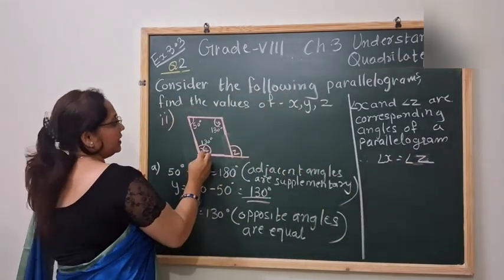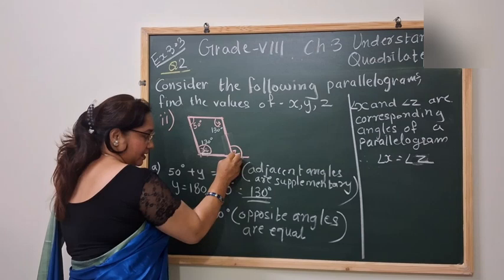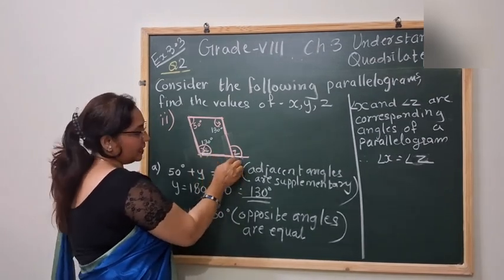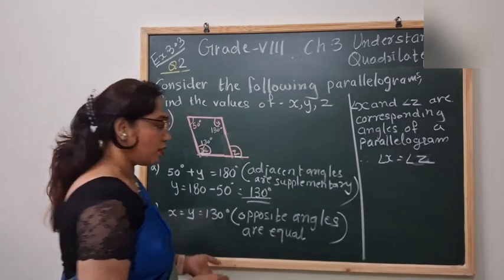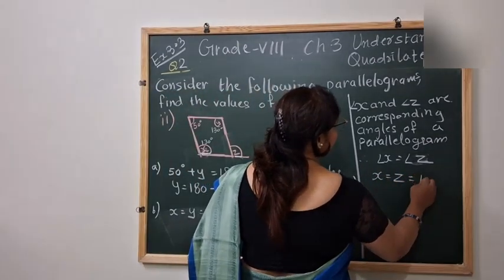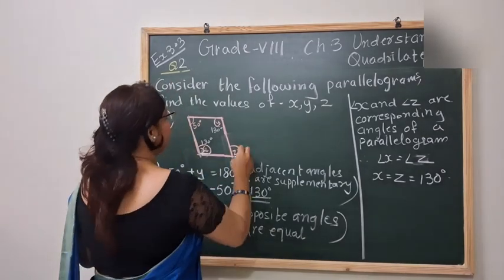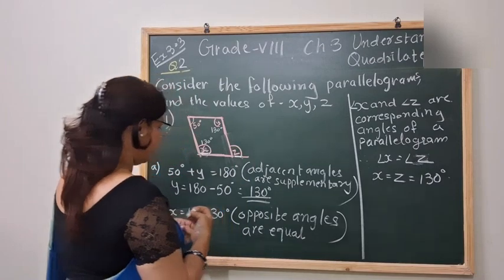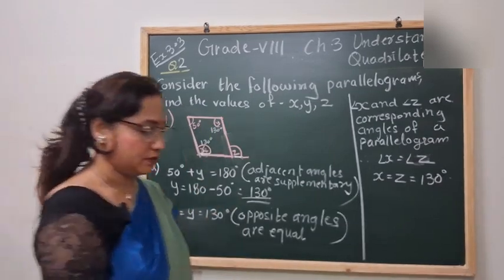These angles, one inside and the one opposite it outside, are called corresponding angles and corresponding angles are always equal. So if x is 130, z will also be 130. So x is equal to z is equal to 130 degrees. So we have got the values of each angle here. Okay? So just check the question, students.